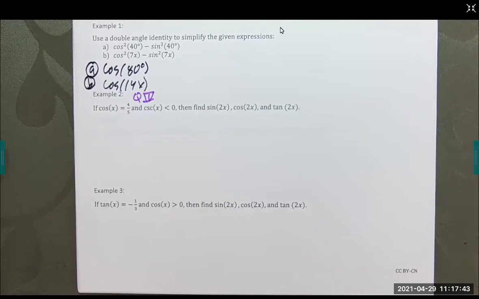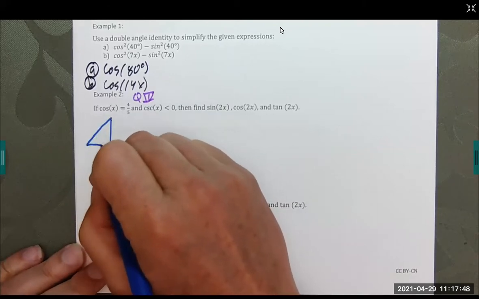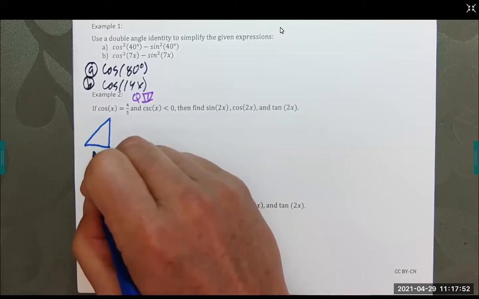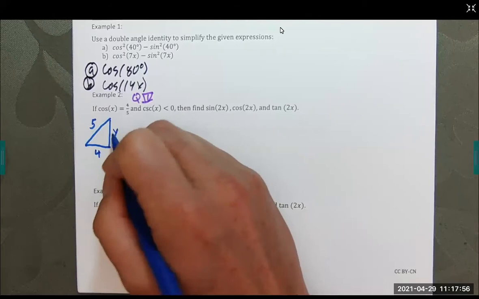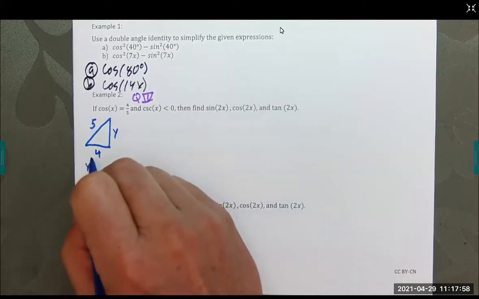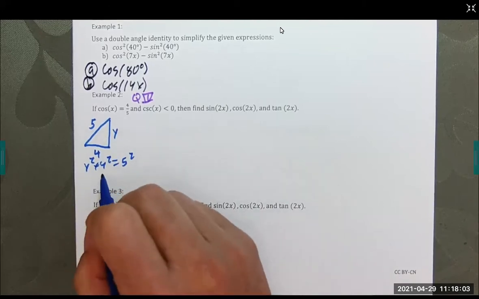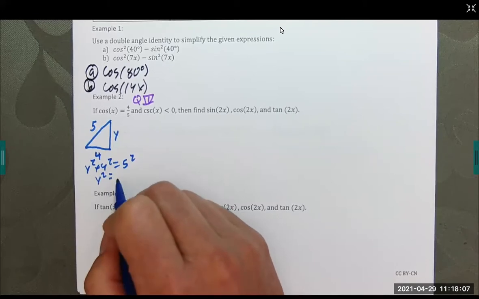So when we're building our triangle here, we have the adjacent is 4, 5, and this is our missing y. Y squared plus 4 squared equals 5 squared. We get y squared is equal to 9.